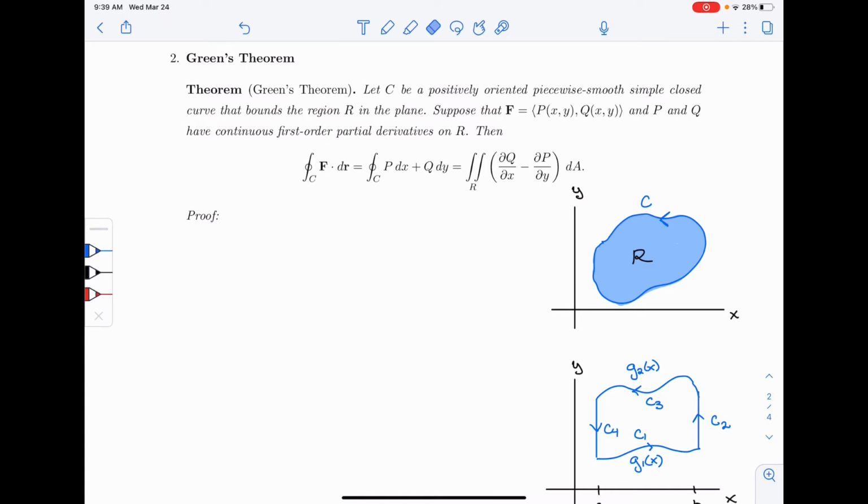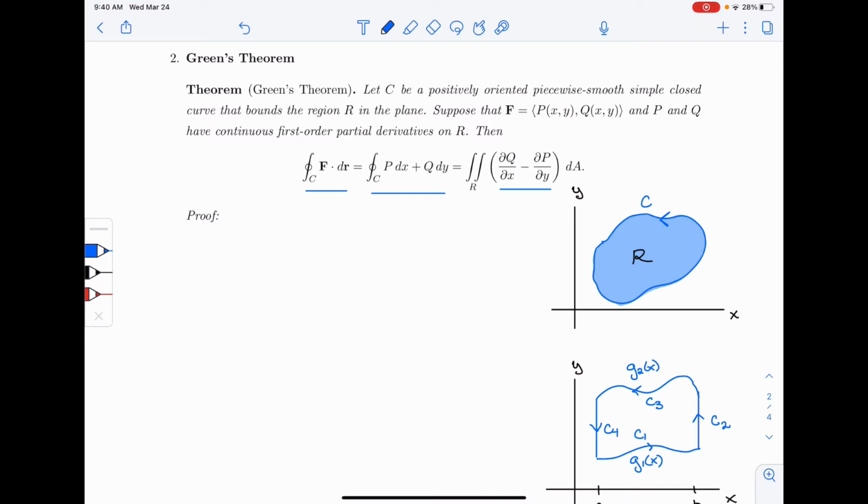Then the integral over the closed curve C of F dot dr, which can be rewritten as the integral of P dx plus Q dy, we've seen that notation before, is equal to a double integral over the region R of dQ/dx minus dP/dy dA. So this is Green's theorem.